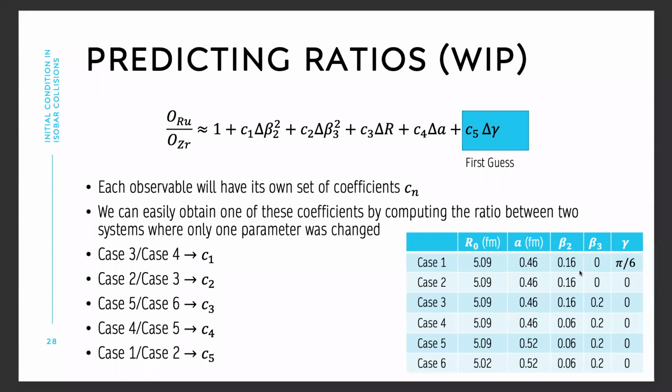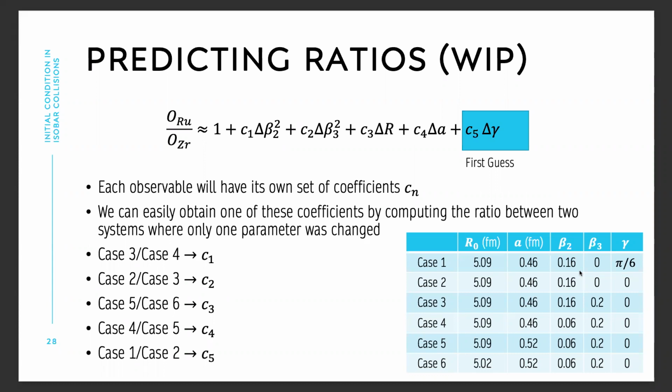Okay, so the last thing that we did: we expect that if you compute the ratio of a given observable for the two isobars, ruthenium and zirconium, we could parameterize these ratios for a given observable in the way that we're presenting.